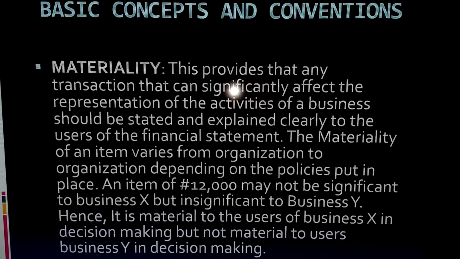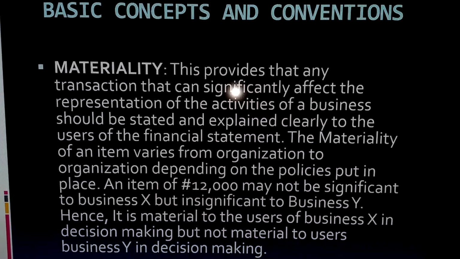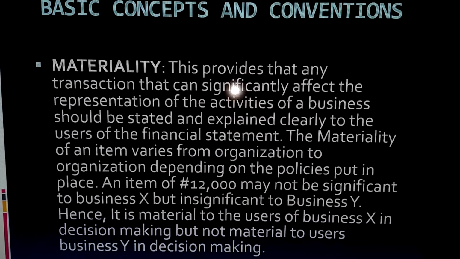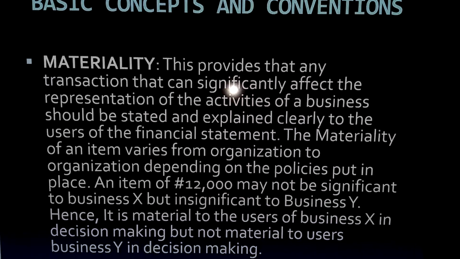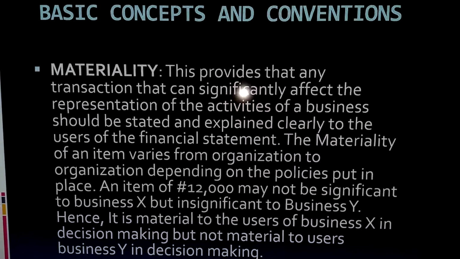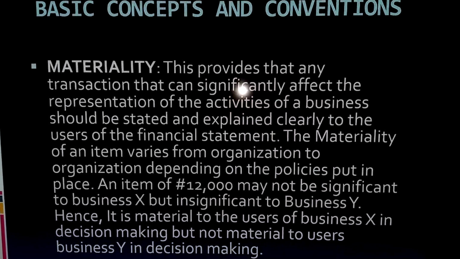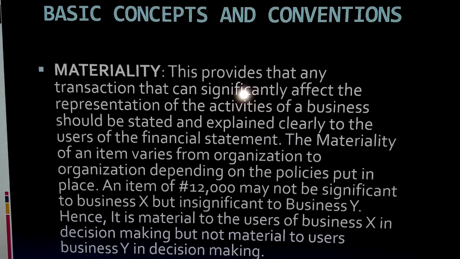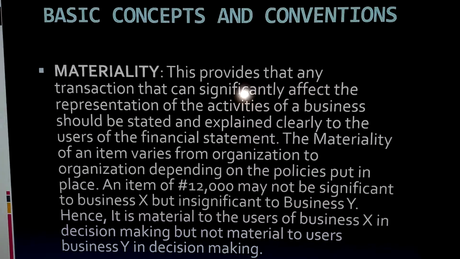If it will, then that item is called a material item. If it will not, then it is immaterial. So you should ensure that significant items that will affect the representation of the activities of the business are stated and explained clearly without omission.